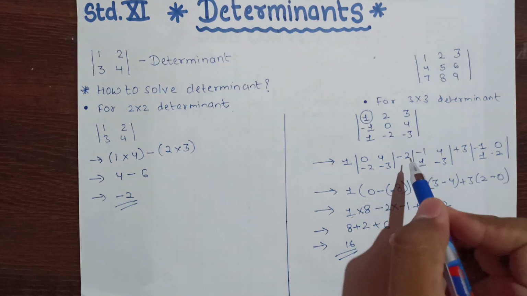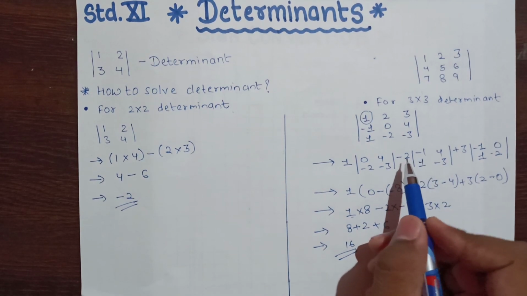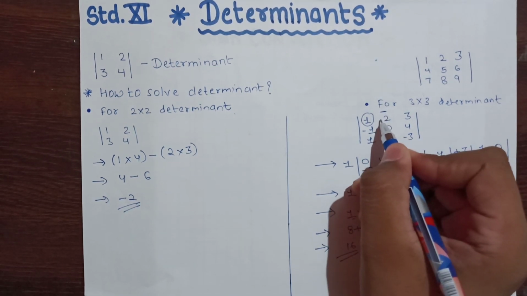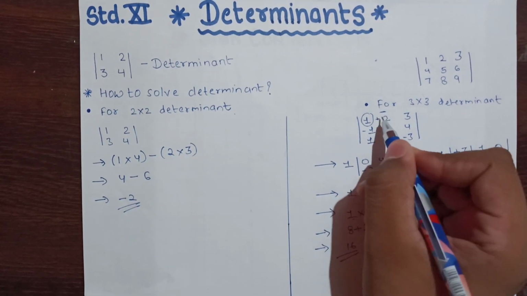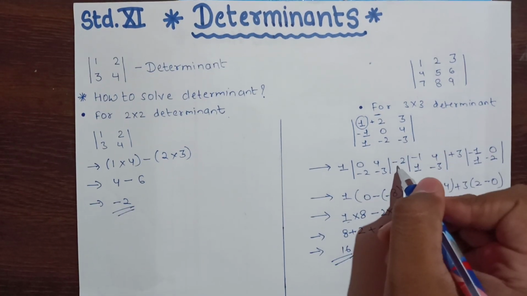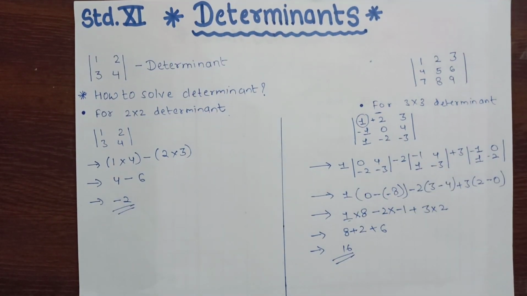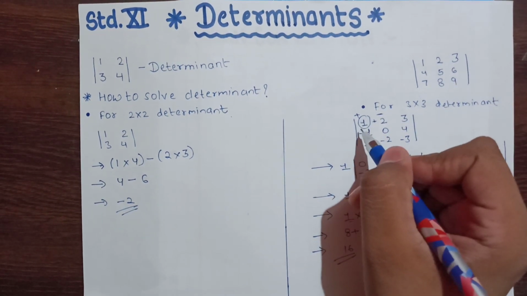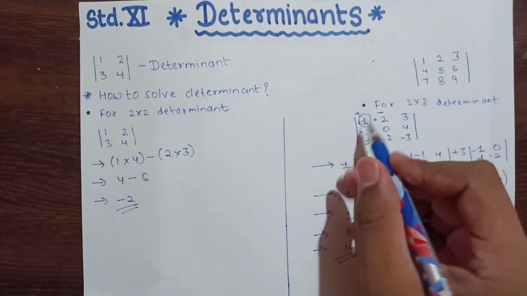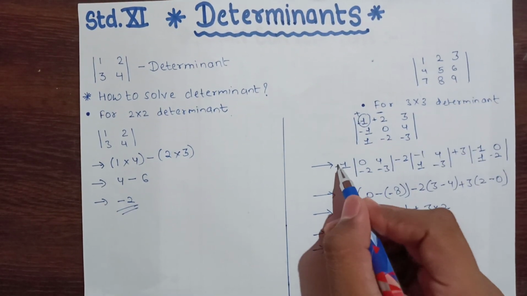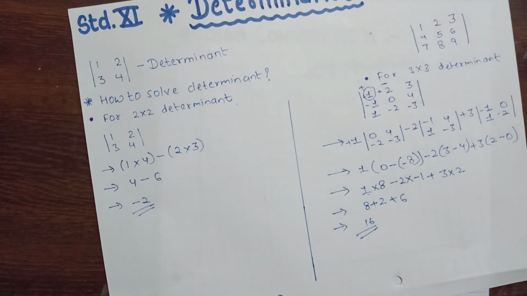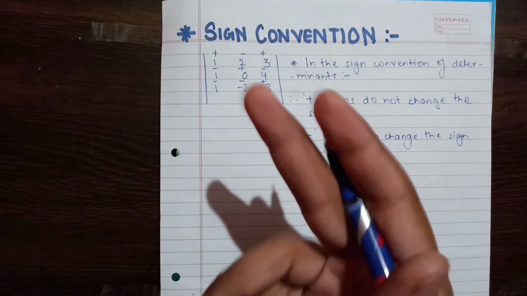See, here we had taken minus 2, and since there was a minus sign here we had taken a minus sign, and this one was plus, so plus times minus became minus. That is what I meant by changing the sign. If there is a plus sign here, we'll consider a plus sign, and here also plus, so it will not change, it will remain plus 1 only, and it will not become minus until it is a minus. So let us see by an example.